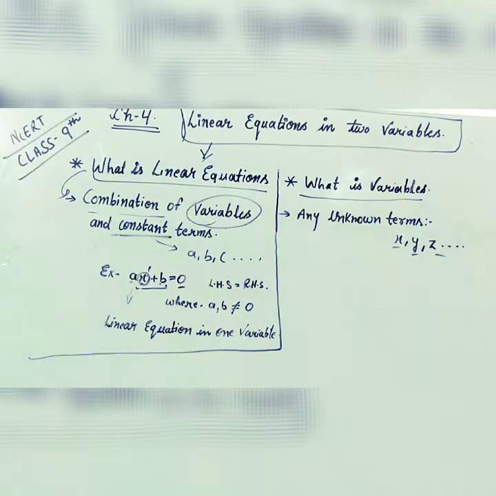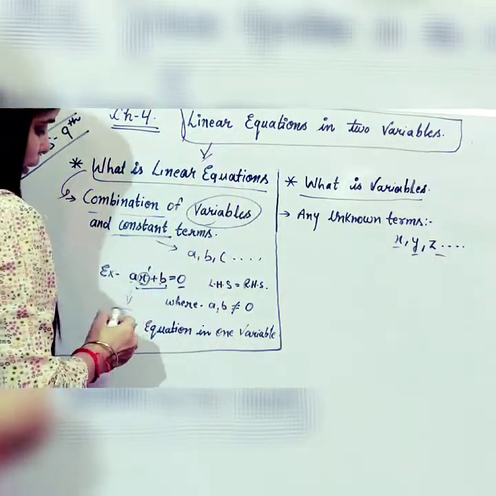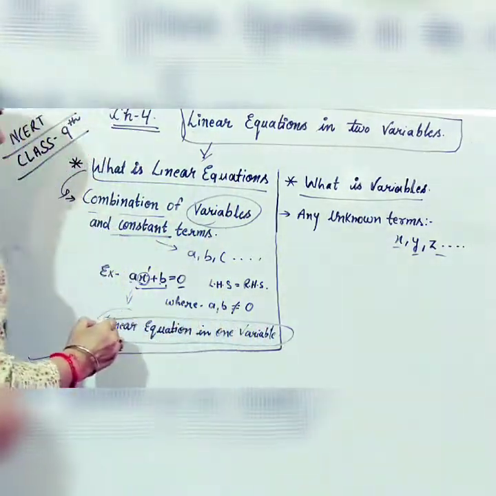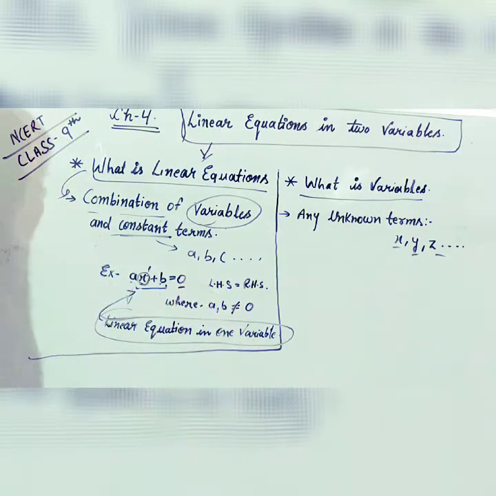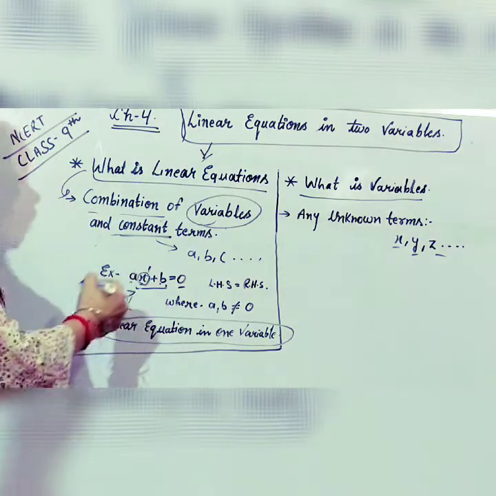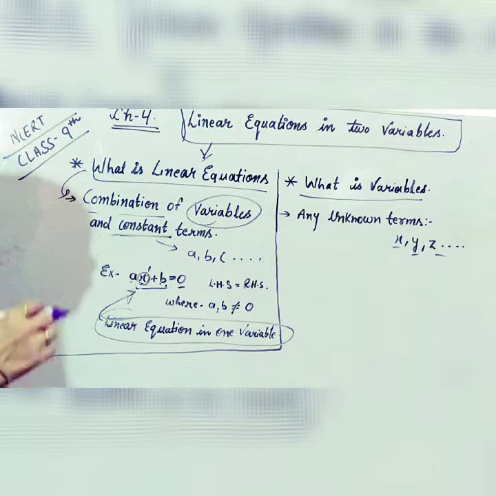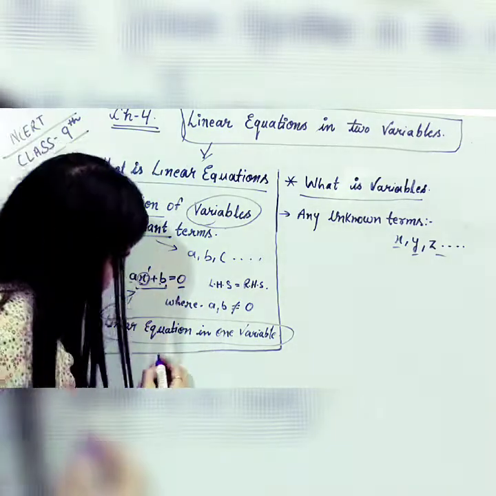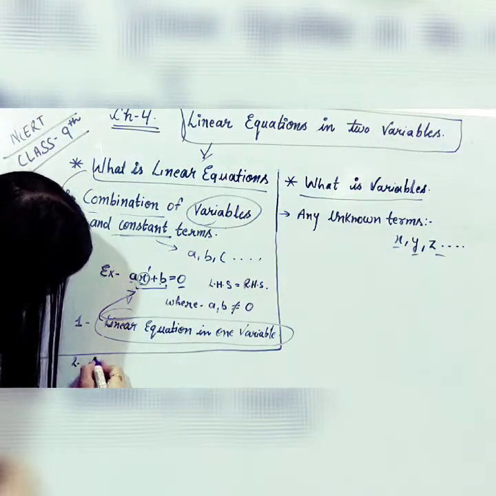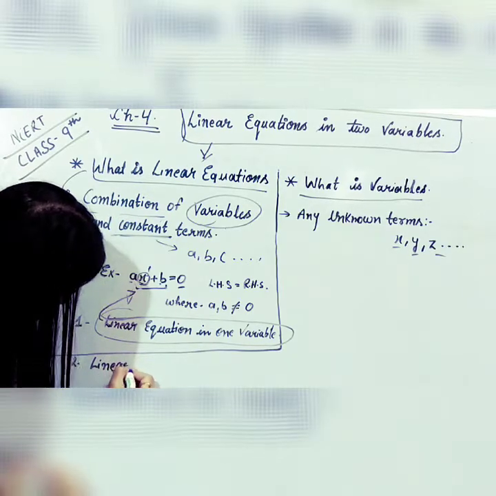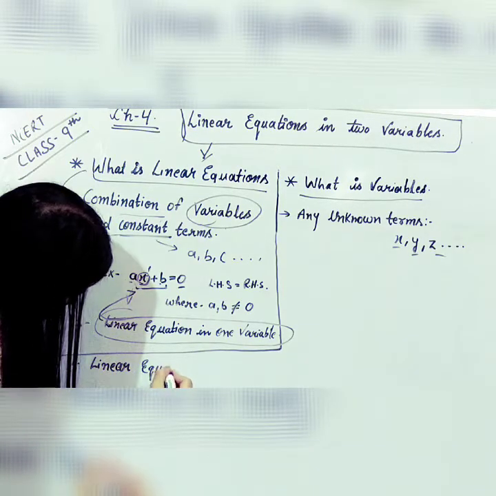Now, there are many types of linear equations. First, linear equation in one variable. The example is ax plus b equals 0. When we use x and y in place of x, then we can say linear equation in two variables.